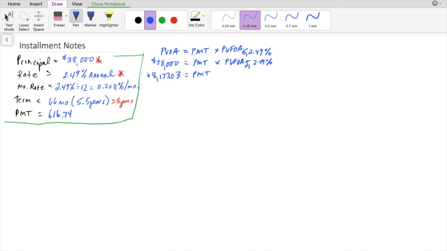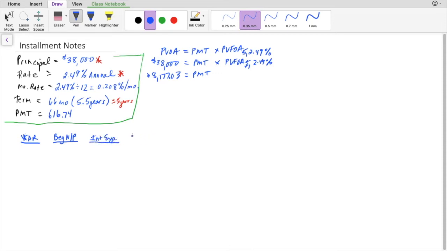So I've got to create now my amortization table. I have a column for the years. I have a column for my beginning note payable balance. I have a column for the interest expense.